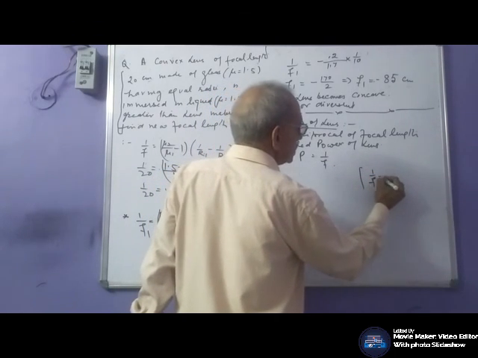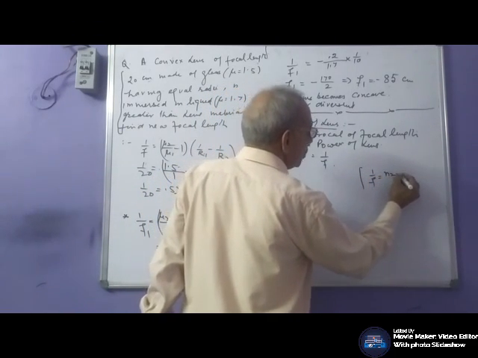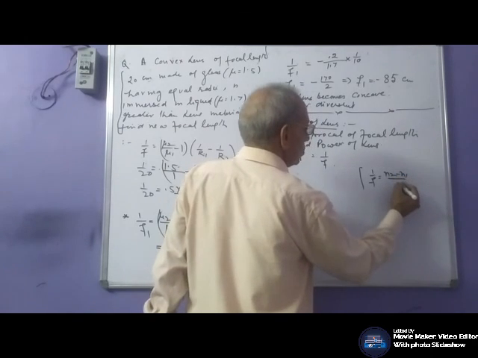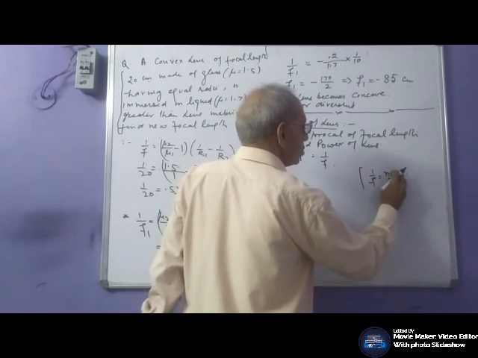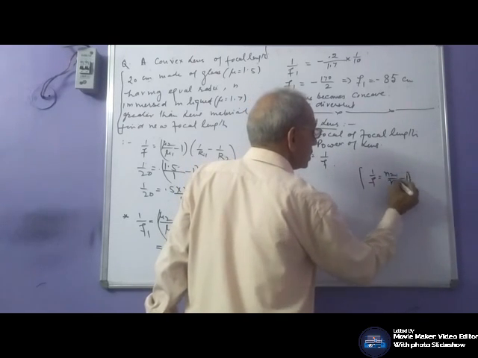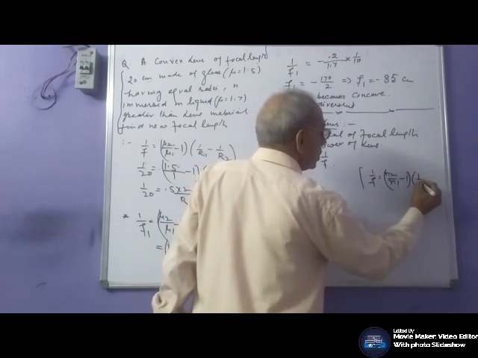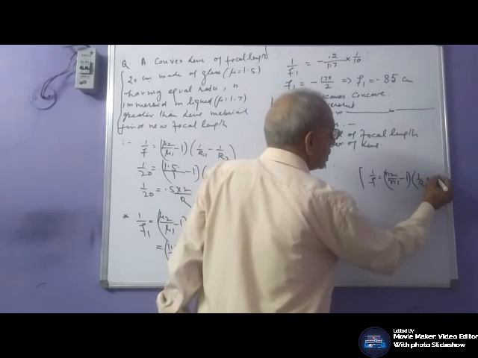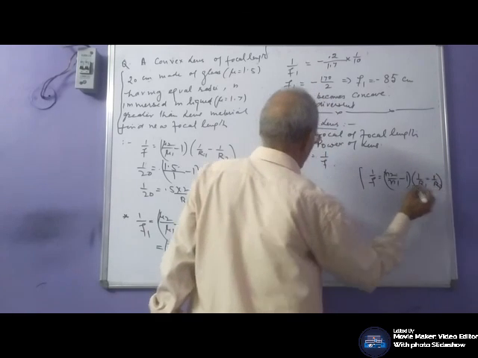1 by f was (n2 by n1 minus 1) into (1 by r1 plus 1 by r2).